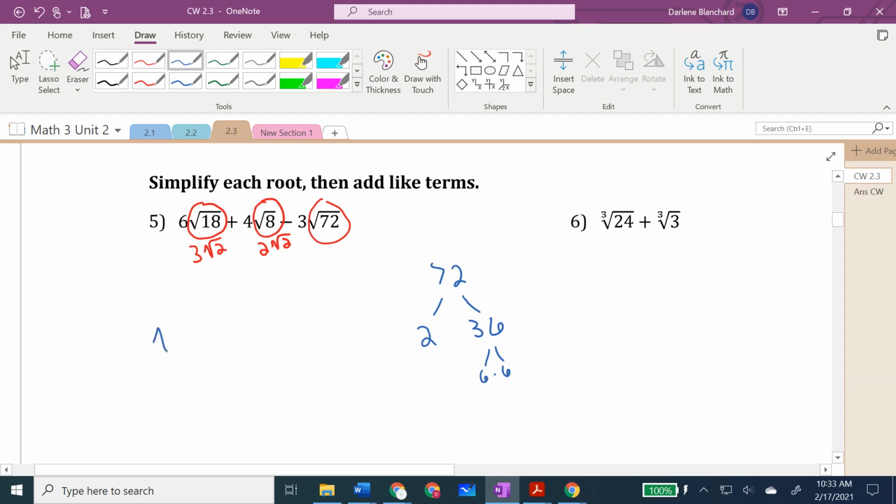I can rewrite the square root of 72 as the square root of 36 times 2. I am allowed to break up multiplication under a square root, but I want to make sure to tell you, you cannot split up an addition sign under a square root. Only multiplication and division can be split.